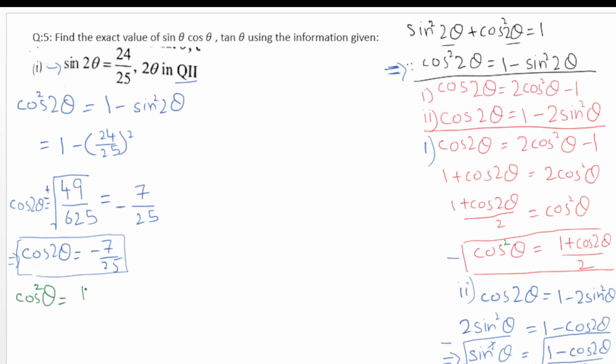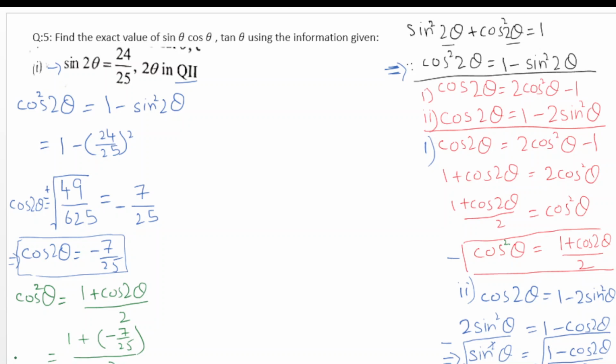Cos square theta is equal to 1 plus cos 2 theta by 2. So after that, we'll just put the value of cos 2 theta. That will be negative 7 by 25 here over 2.